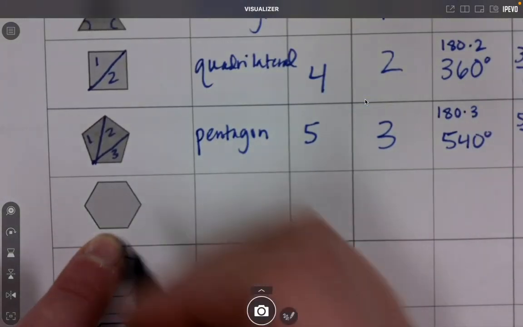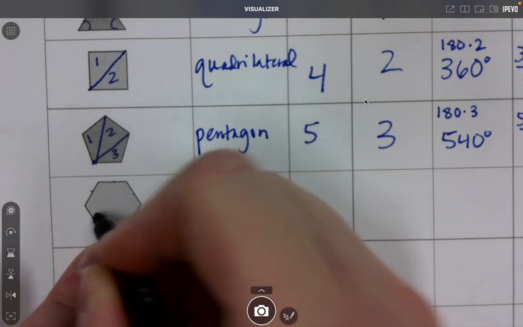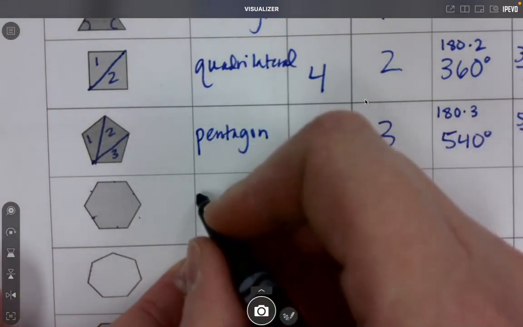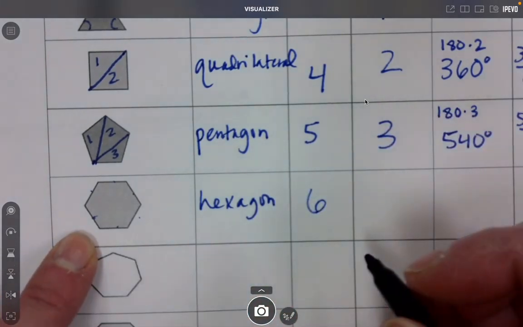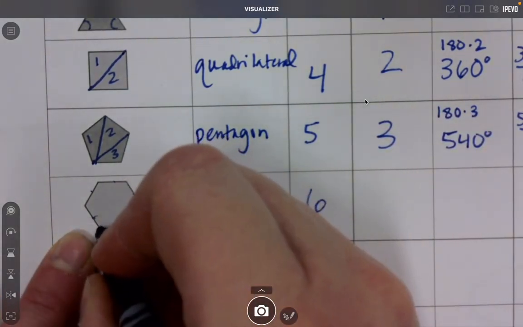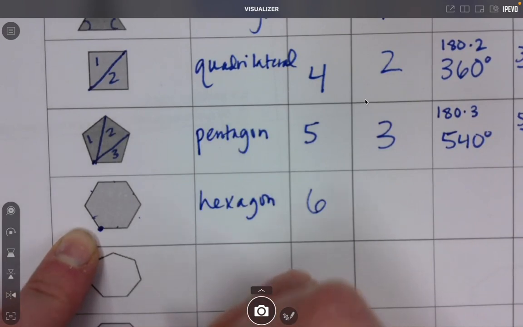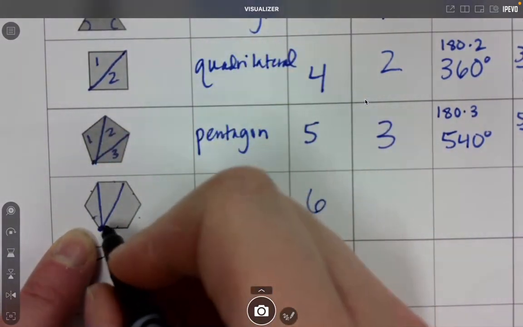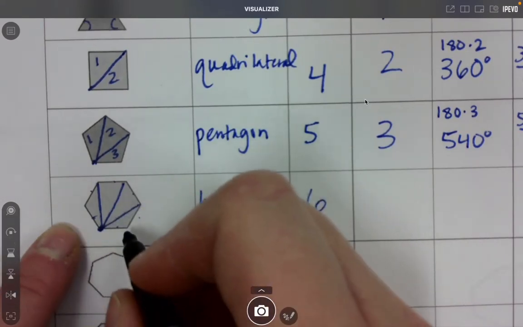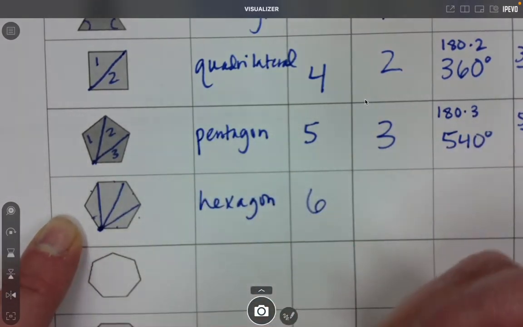So next we have 1, 2, 3, 4, 5, 6, just making sure that they go right in order. So we have a hexagon. And we're going to try and split it up into triangles again. It's really important when we draw our triangles that we start from just one point. So like I'll draw a line here and then to the next vertex and to the next vertex. And then this one's too close, right? So it doesn't make a triangle again.